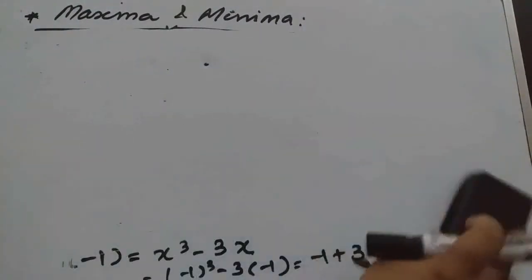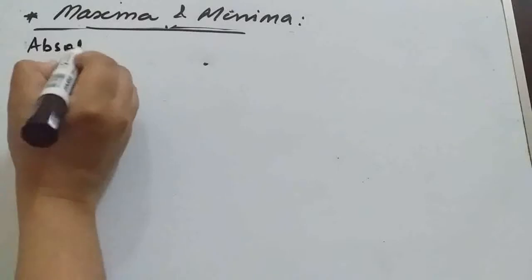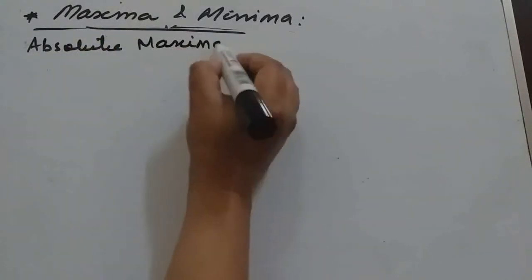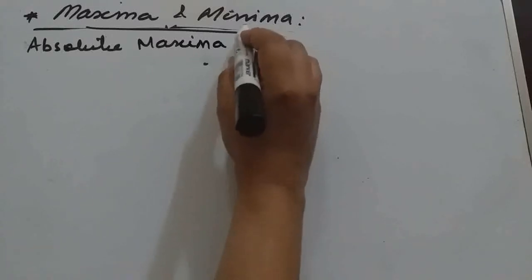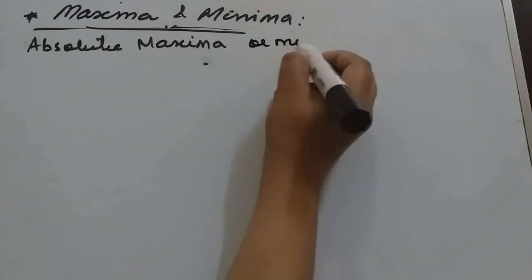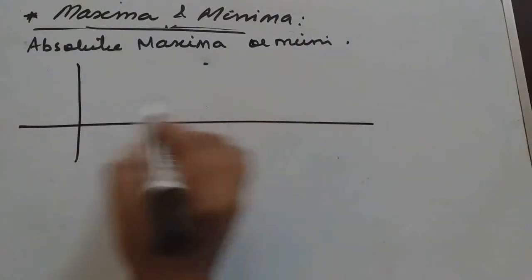Now this is about local maxima and minima. We have absolute maxima or minima also. So whenever we say absolute maxima and minima, that means only one maxima throughout the function or only one minima. Okay, see, suppose consider the graph of sine x.